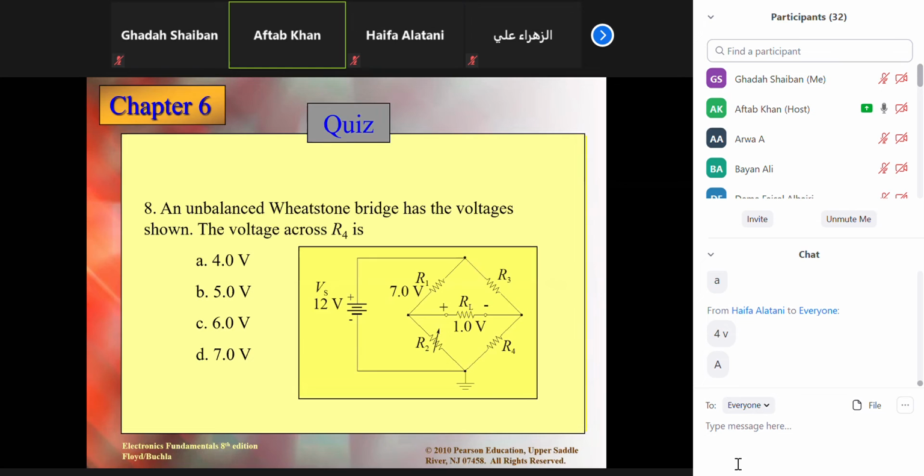Four volts. How did you calculate 4 volts? KVL. Okay, so which closed path did you use for KVL?